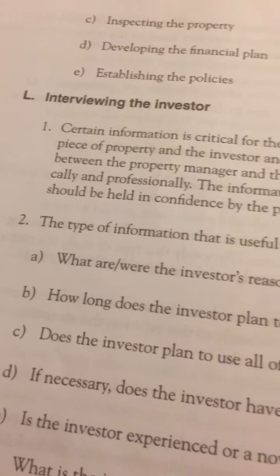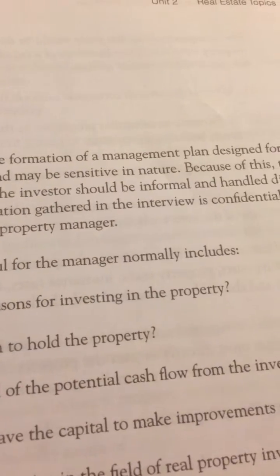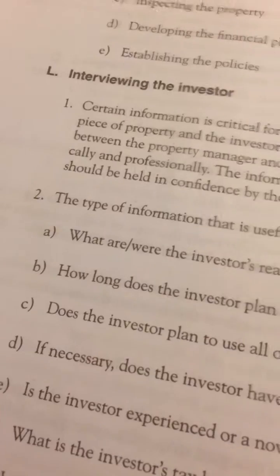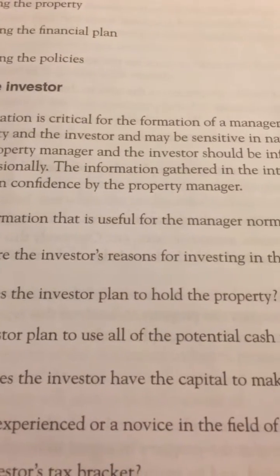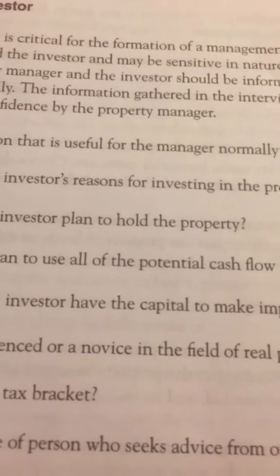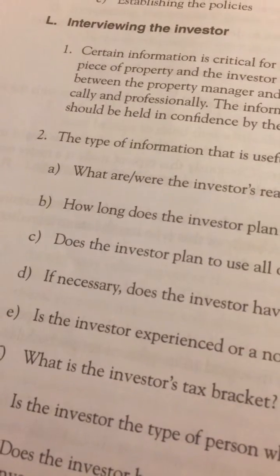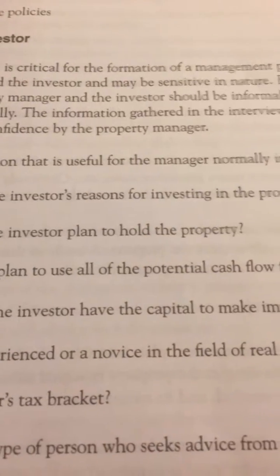2. The type of information that is useful for the manager normally includes: A. What are or were the investor's reasons for investing in the property? B. How long does the investor plan to hold the property?